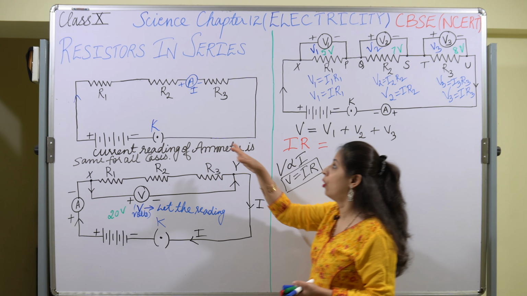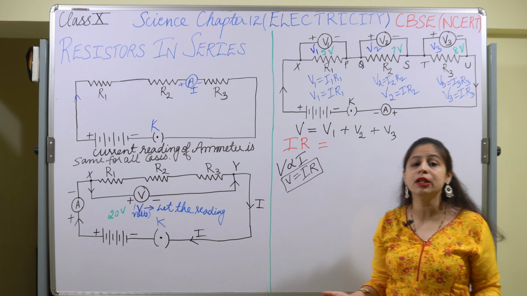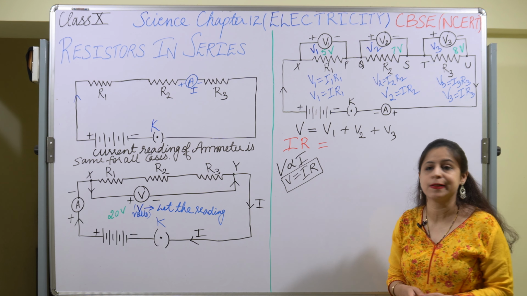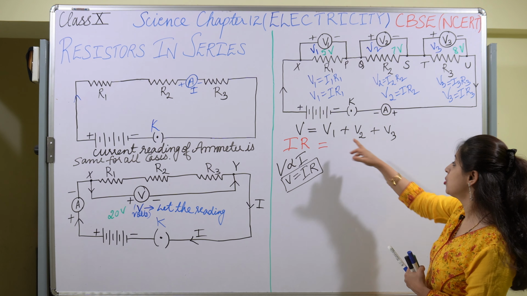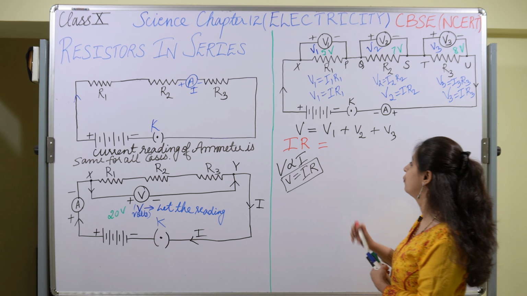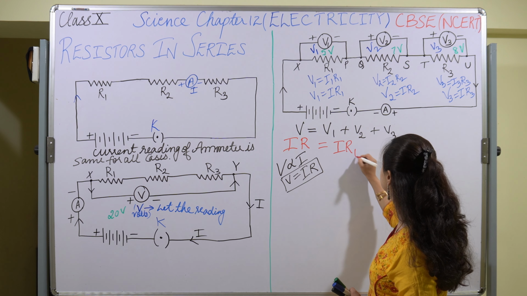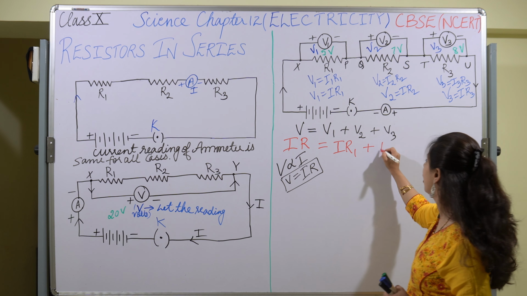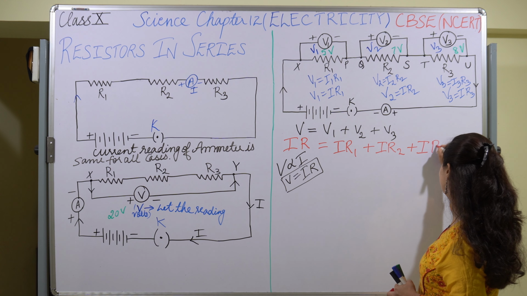Whether you place your ammeter here or here or anywhere in the circuit, the current remains constant. So the value I will also be constant. So now let us put the values over here. From here we will be getting IR1 plus IR2 plus IR3.